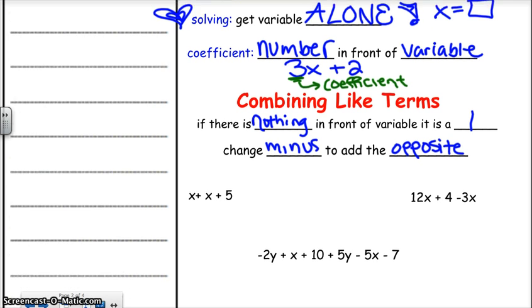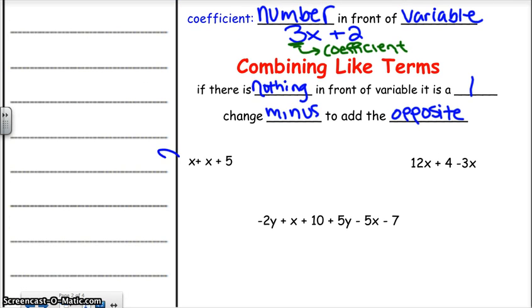Right, we're going to jump right into some examples. x plus 5. The x's I can combine. Again, that's like a 1x and a 1x. 1x plus 1x is 2x plus 5. I'm done because there's no more like terms. Next example, 12x plus 4 minus 3x.